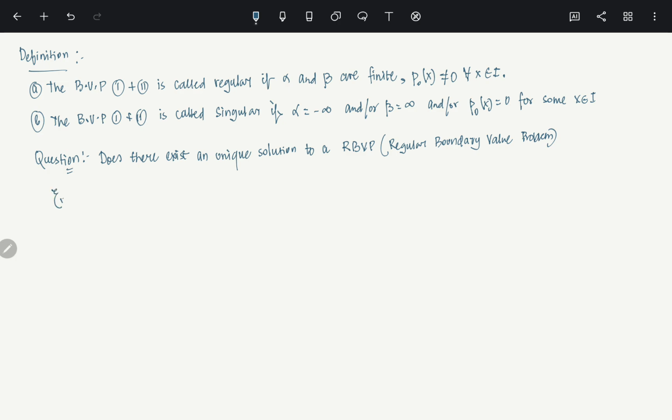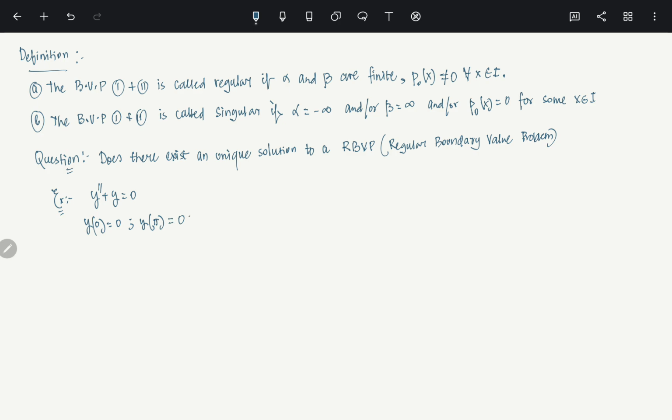Let's consider our favorite equation, y double prime plus y equals 0, and let's put some data on it. Let's say y of 0 equals 0, and y at the point pi equals 0.